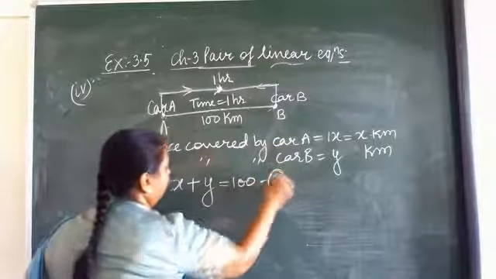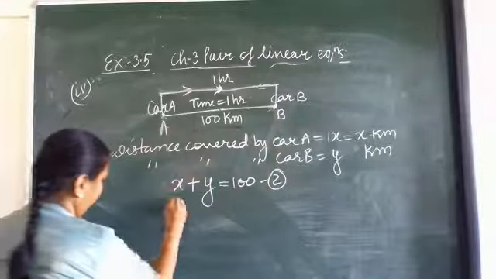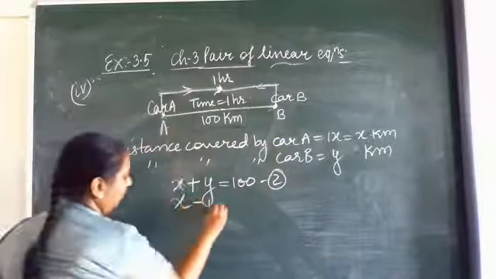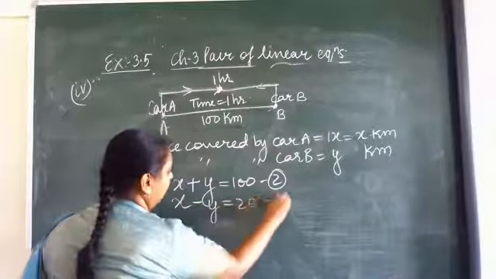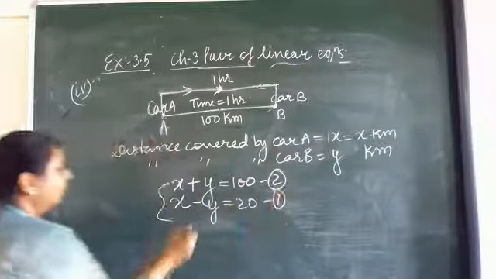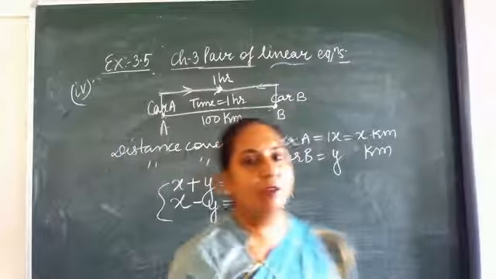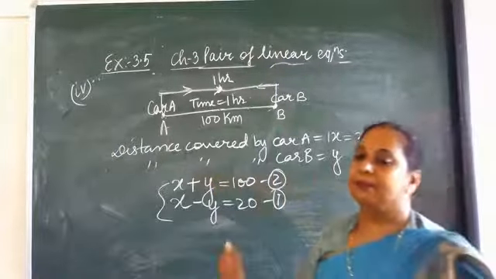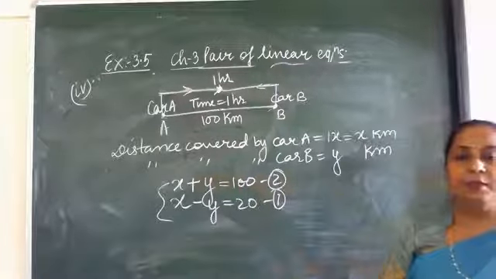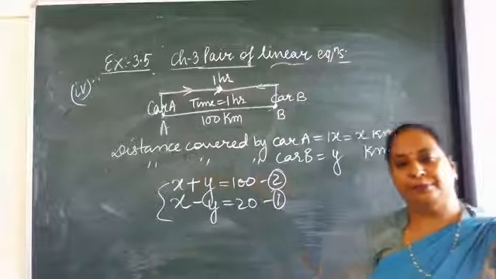This is the second equation. And the first equation is x minus y is equal to 20. Now you can solve these two equations to find the value of x and y. The value of x is the speed of car A, and this value of y is the speed of car B. Clear?